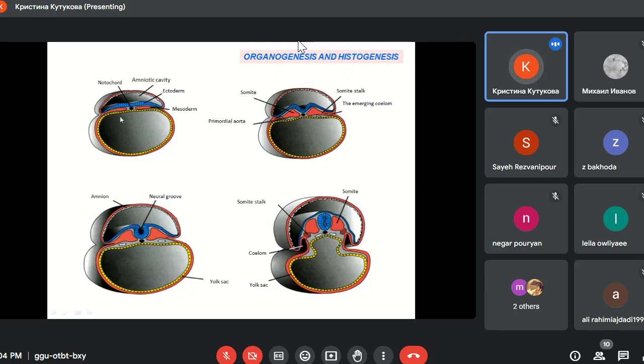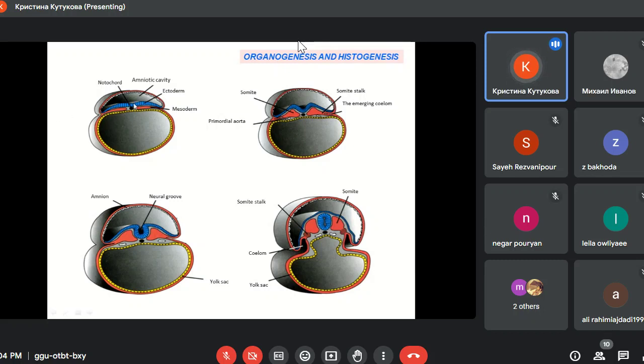Also, during the same period of time, the ectoderm develops into ectoderm itself, which will make the skin of our body, and the neural tube, which will give the nervous system. So this process is called neurulation.